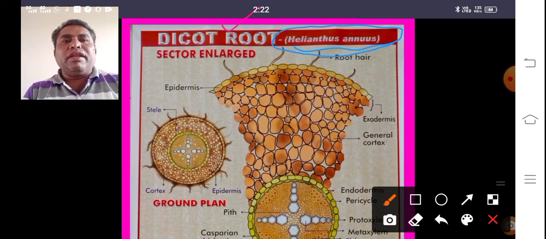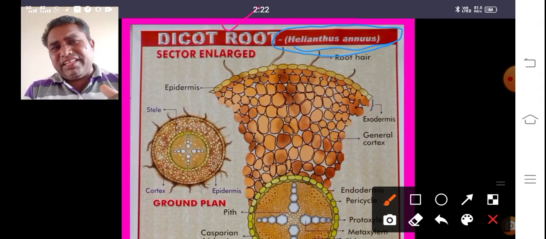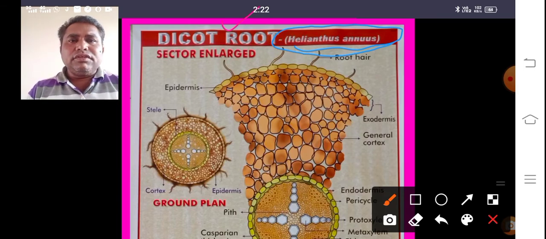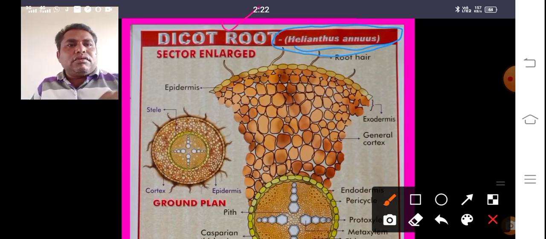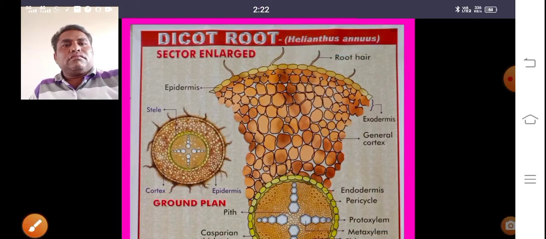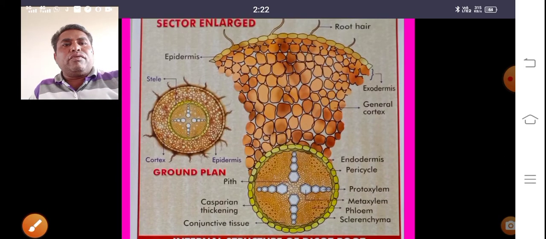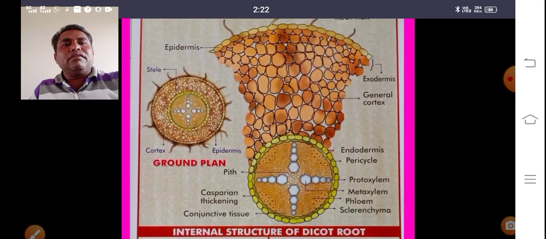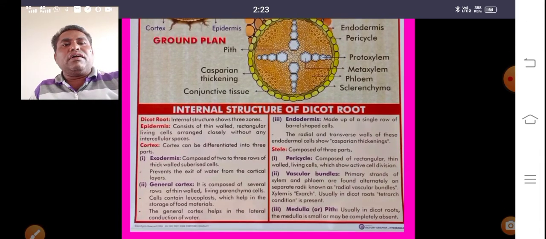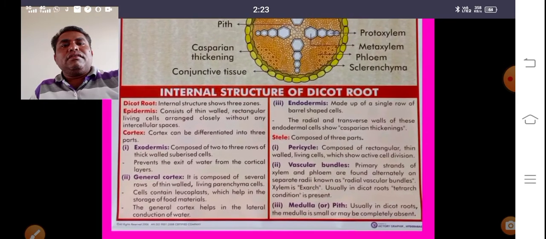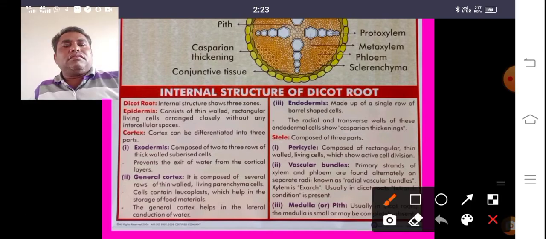So the scientific name of the sunflower plant is Helianthus annuus. In this we are going to discuss the anatomy of the root in depth. The internal structure of the dicot root consists of three major parts.